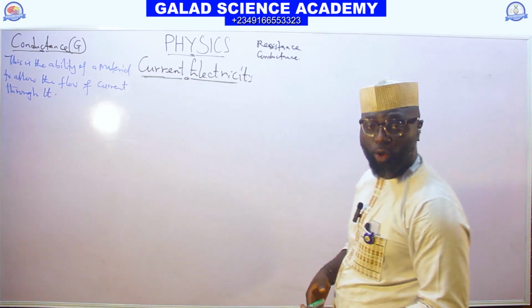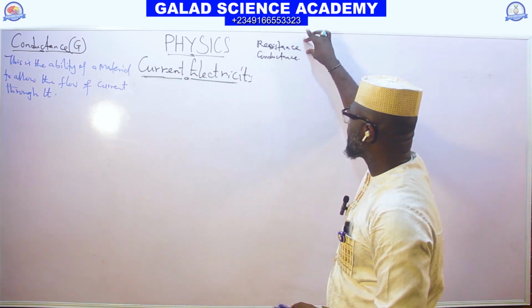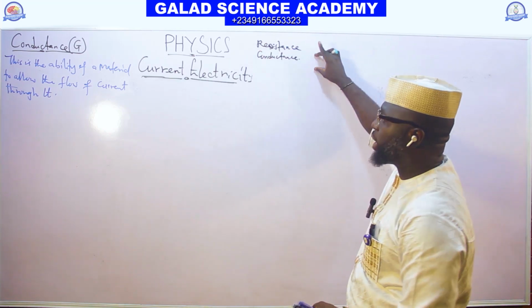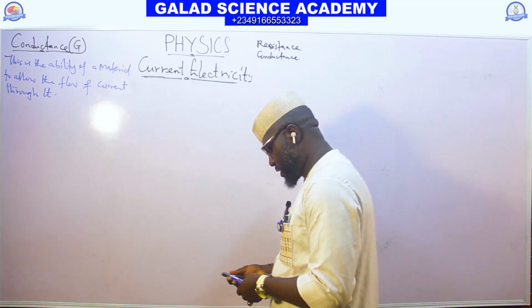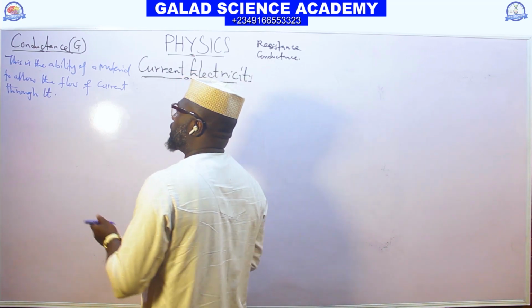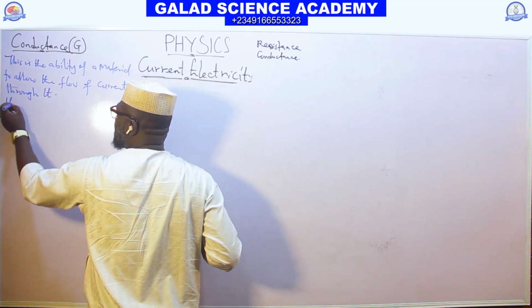The ability of a material to oppose the flow of current is called resistance. The ability to allow the flowing of current is called conductance, and it is known as G.